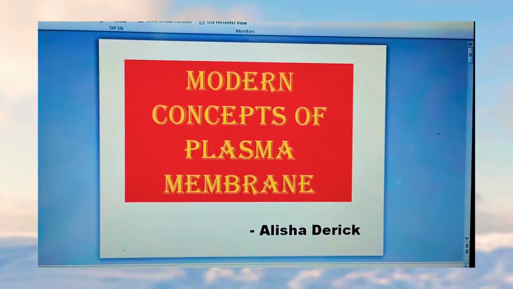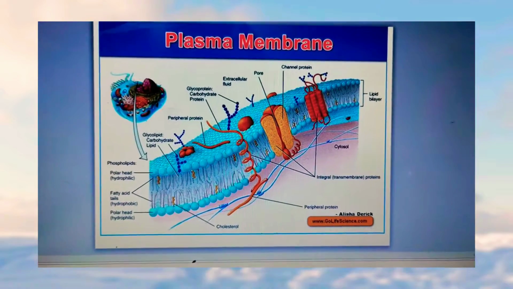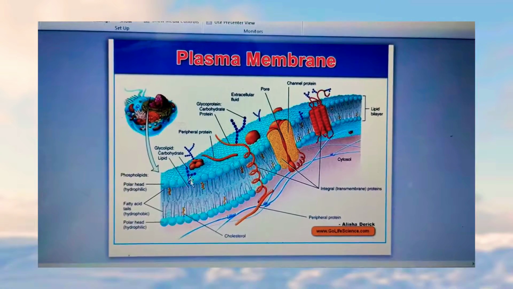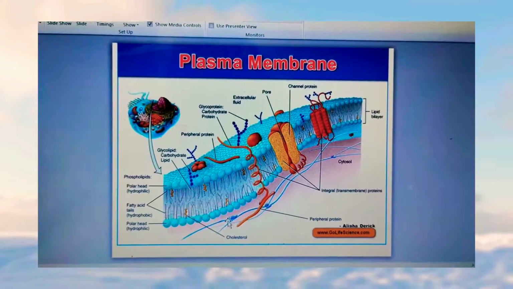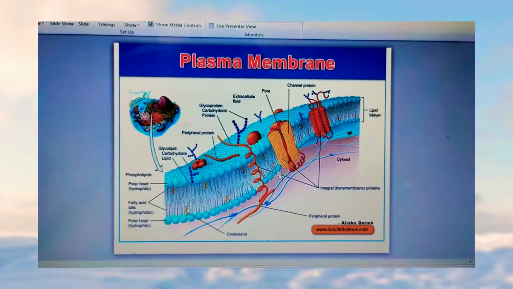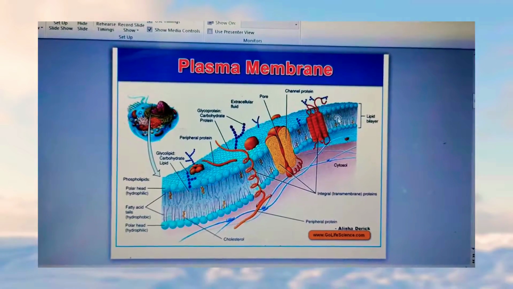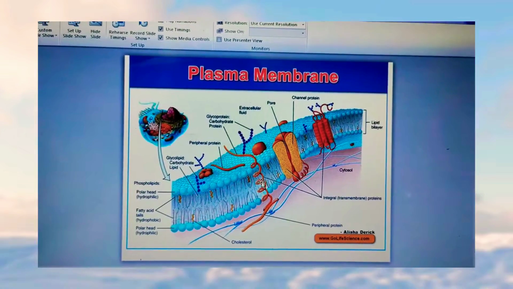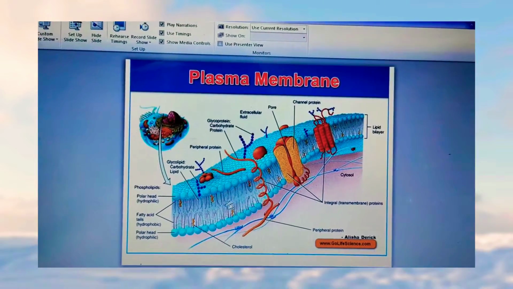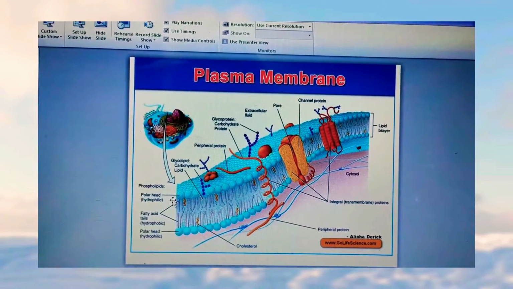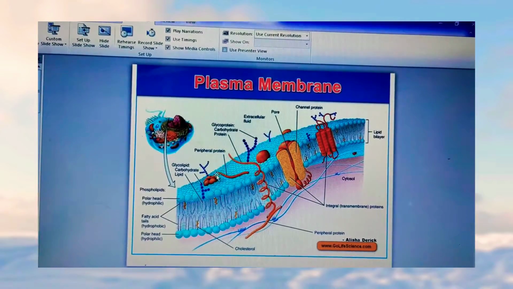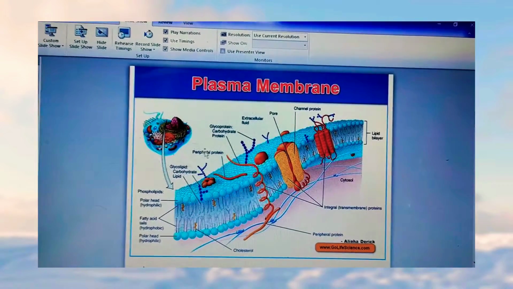Now here you can see the structure of a plasma membrane. This is called the fluid mosaic model of a plasma membrane. It is a fluid mosaic model because it is made up of different components: protein, lipids, and also carbohydrates.